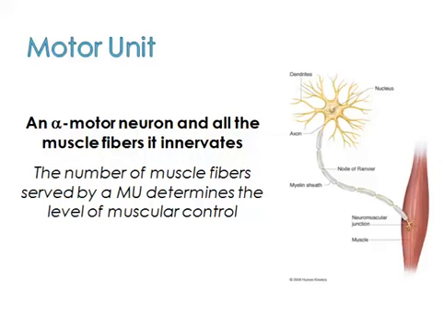So in that case, we would have gross control. You don't really have very much control when there are many muscle fibers innervated by the same motor unit, but you do have very fine control with a muscle in the eye where only a few muscle fibers are innervated by the same motor unit.